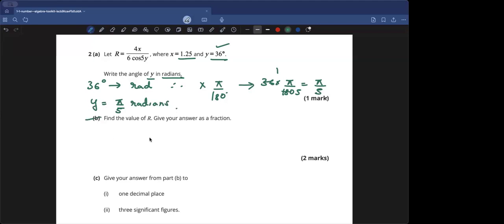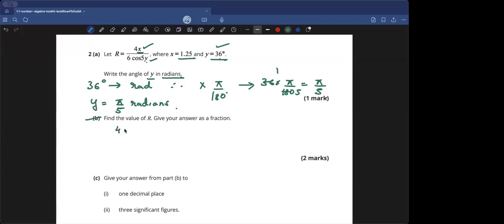Now the next question is: find the value of R, giving your answer as a fraction. What is R? R is the whole expression again. Same as earlier, we substitute the values: instead of X, I put 1.25, and instead of Y, I put 36.